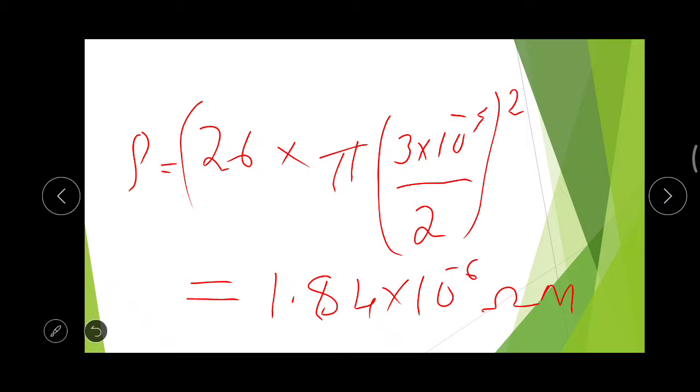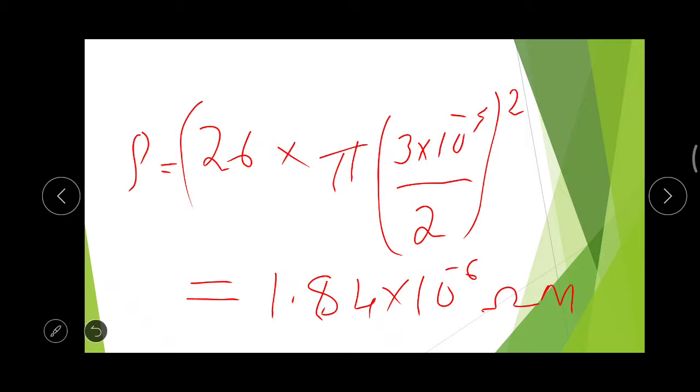There the resistivity values are given. Here we have obtained the value as 1.84 into 10 to the power minus 6 ohm meter.